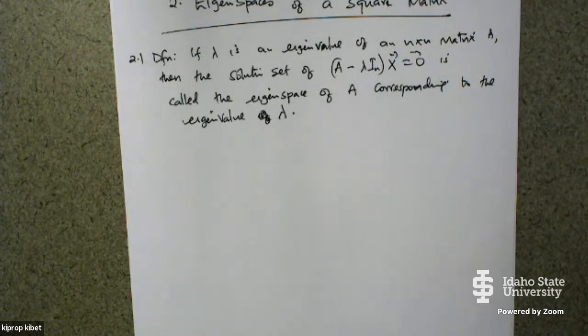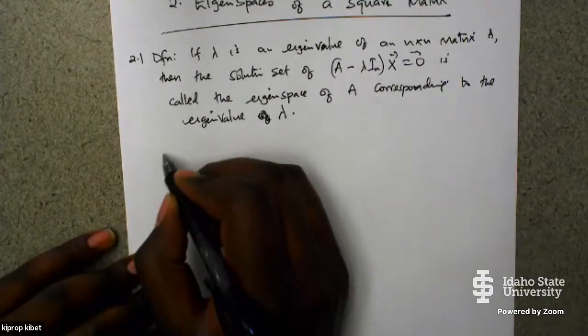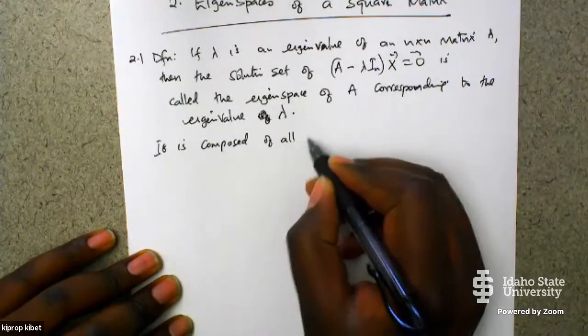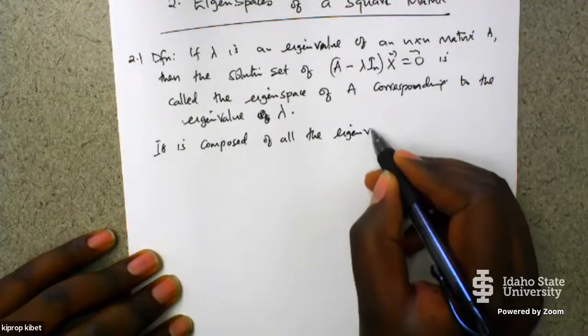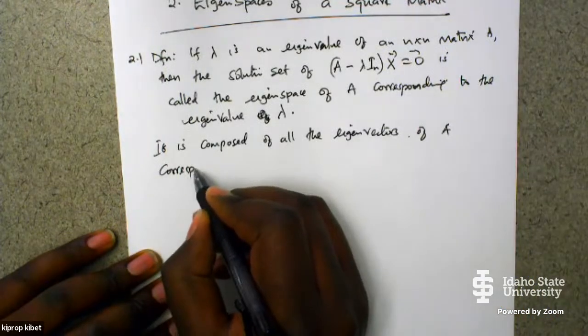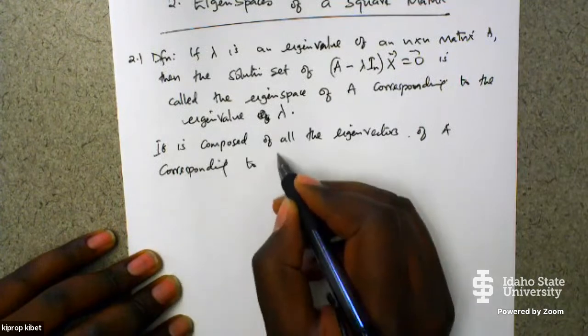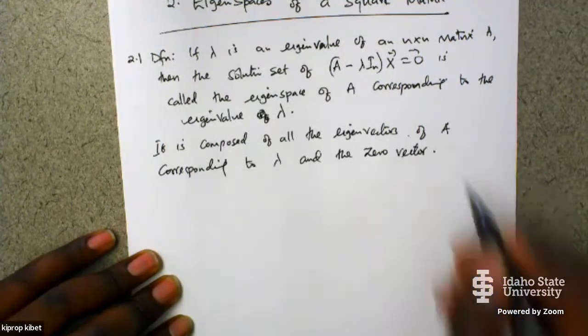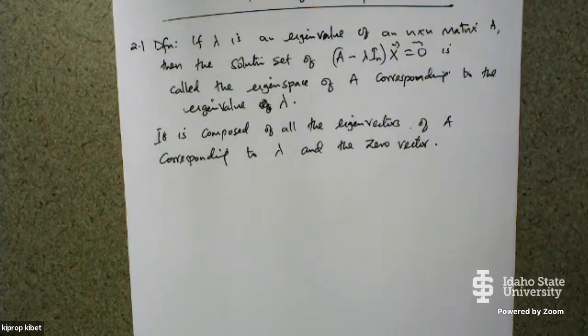So if you're getting the solution set, which are eigenvectors actually, then all of this is what we call the eigenspace of A. It is composed of all the eigenvectors of A corresponding to lambda and the 0 vector.